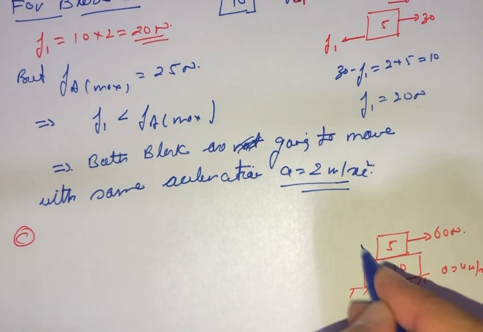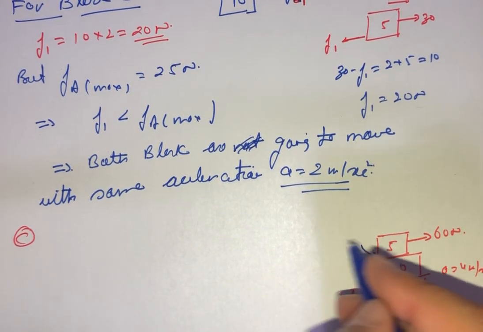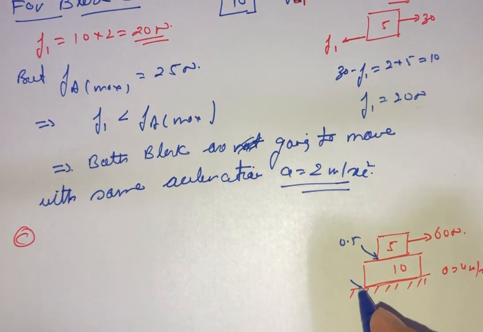It is given that the coefficient is 0.1 and this is smooth.